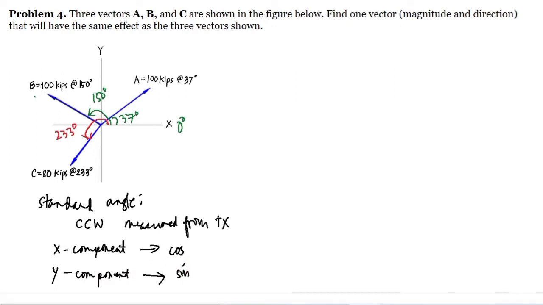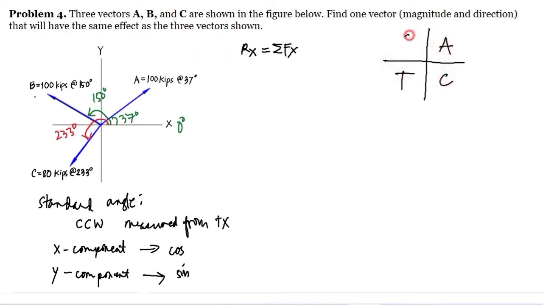So solving for the x component of the resultant, we have here Rx. This is equal to the summation of the horizontal components Fx. Since standard angle yung ginagamit natin, hindi na natin i-consider whether the component is positive or negative. If we are going to recall from our trigonometry, we have this ACTS.